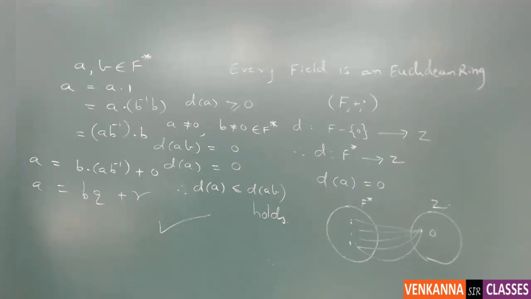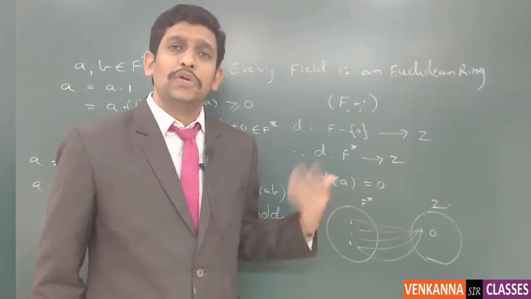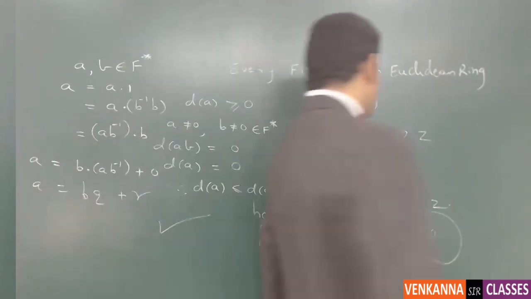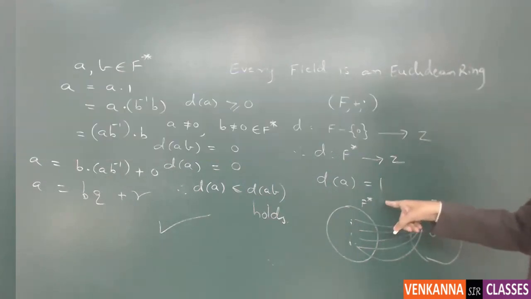If you have noted, I will take the other one. Here, if you observe, you have defined the value as 0, but you can change the mapping also. You can define D of A is equal to 1, the number 1.